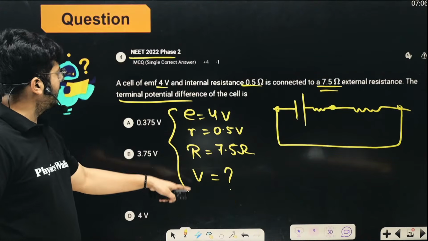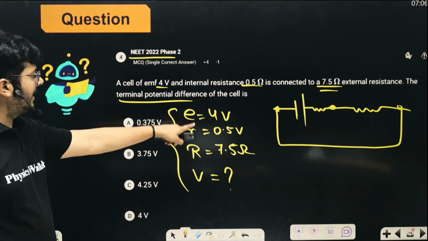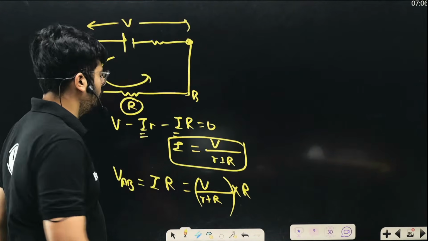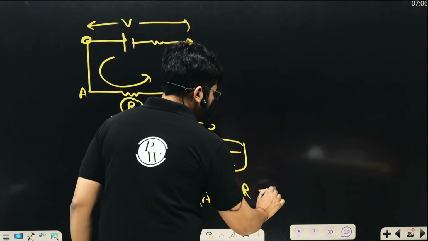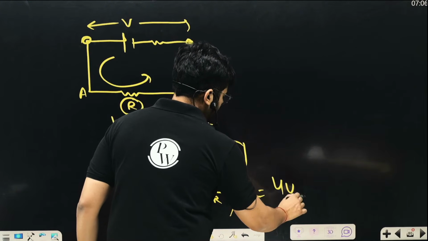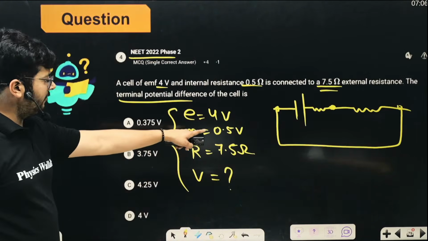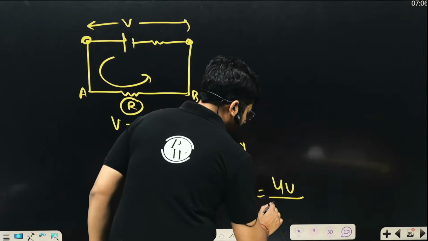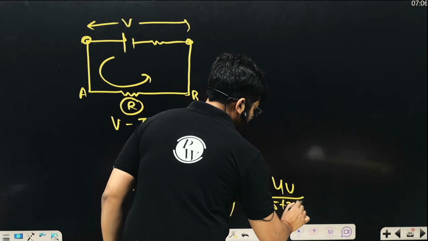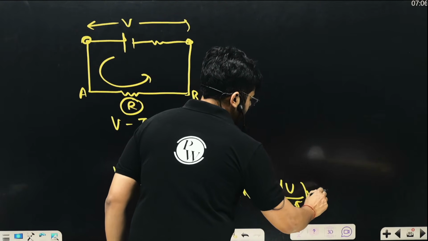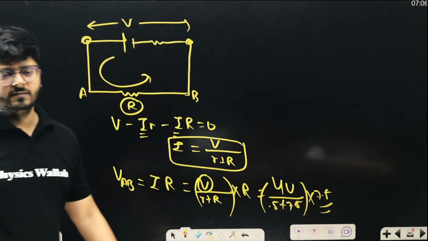The value of EMF is 4 volt. R plus r is 0.5 plus 7.5, and the external resistance is again 7.5. So just multiply it and you'll get the value.